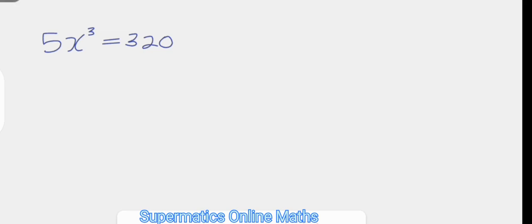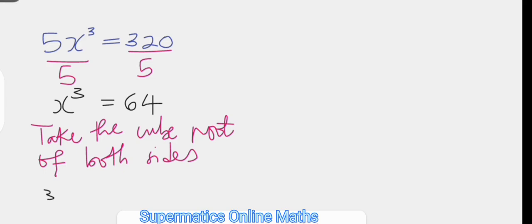So to solve 5x to the third power equals 320, we will divide through by 5 first. When we divide by 5, we have x to the third power equals 64. And the reason why it is an nth root equation is that we're going to take the third root, which is called the cube root, of both sides.